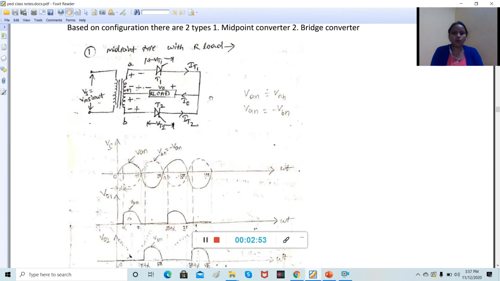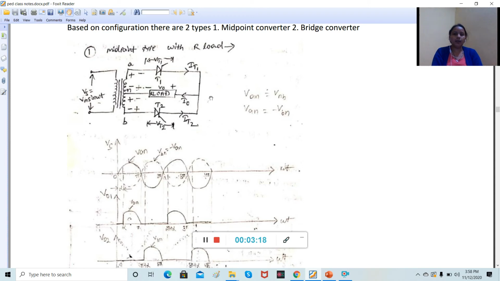So what does full wave control rectifier mean? In the previous video class you already studied the half wave control rectifier. Half wave control rectifier means we use one thyristor, one power semiconductor device, through which we get the output parameters.